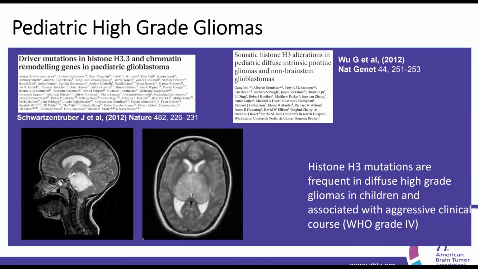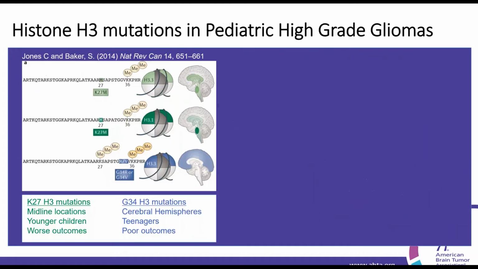And those specific tumors in those specific locations were found to have a high frequency of mutations in the histone H3 gene. And it was also found that these mutations only occur in those types of tumors that have very high grade behavior, and could be used to define the tumor as grade 4 or the highest grade.